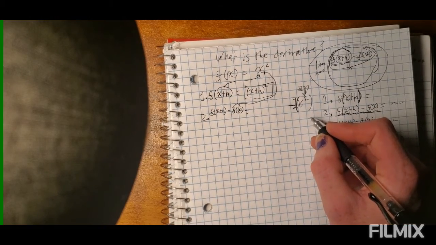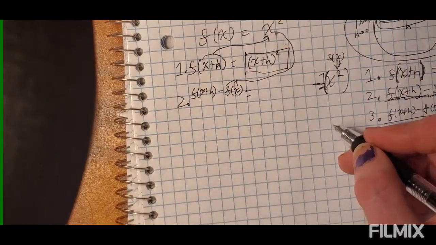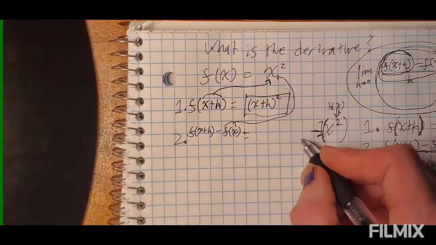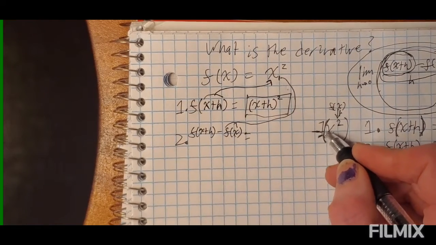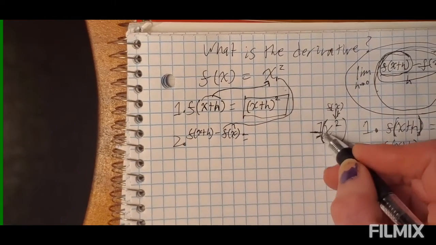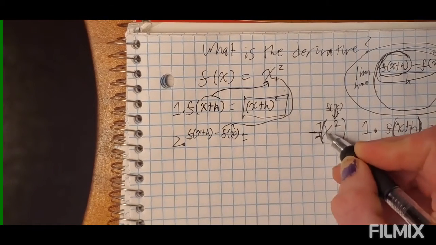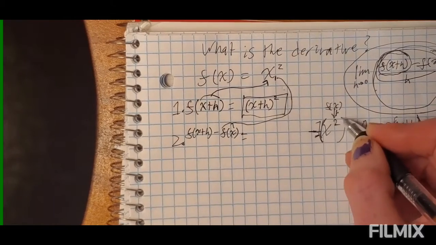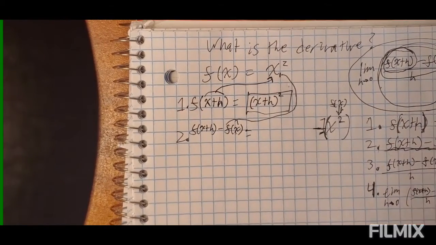Let me zoom in so that you can see it better. It's easy in this problem because you can distribute the negative 1 in, and that's just negative x squared, not negative x quantity squared. Sorry.